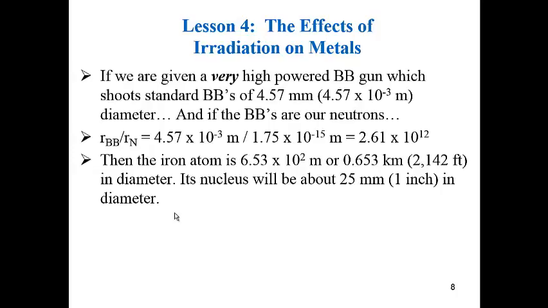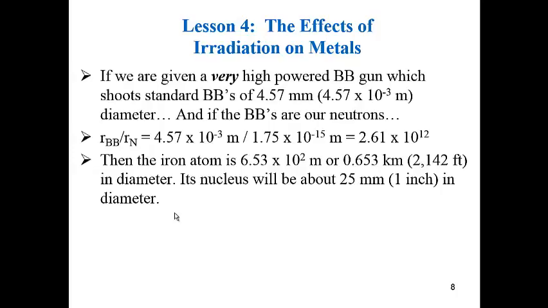And in the case of a uranium atom, the nucleus is roughly that same size. So when a thermal neutron is trying to strike a uranium-235 atom nucleus, you've got a 1-inch ball sitting in the middle of a 2,000-foot diameter sphere, and you got to hit that.